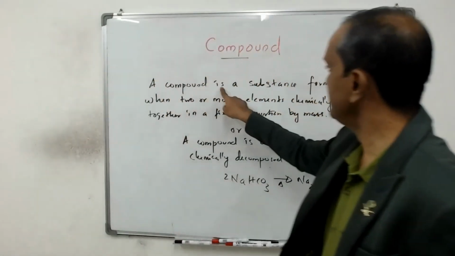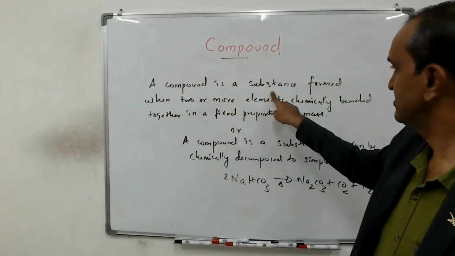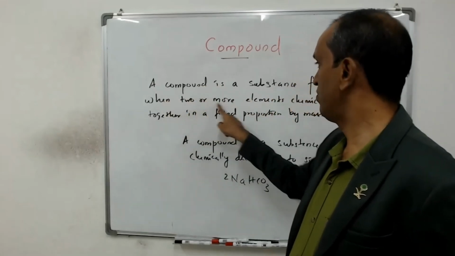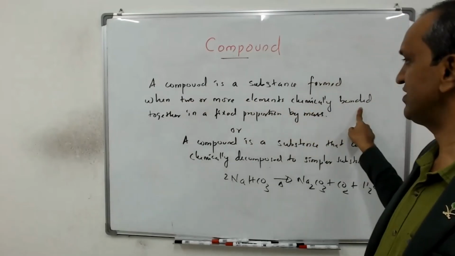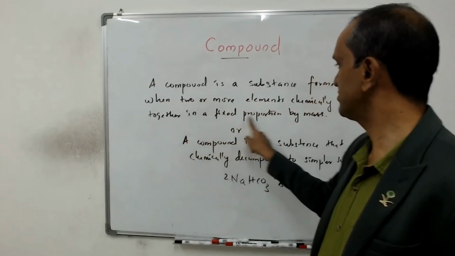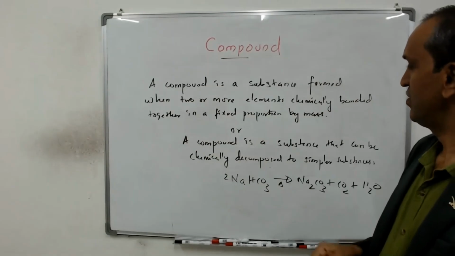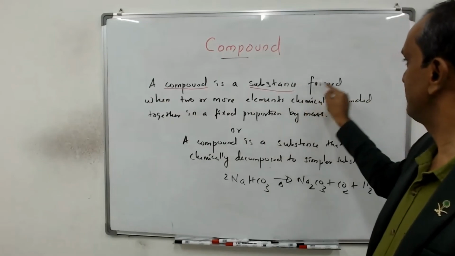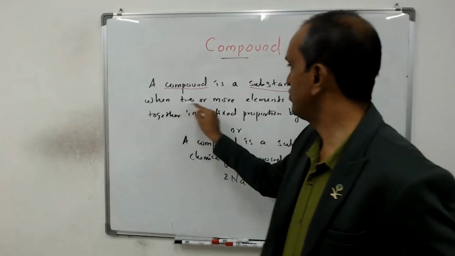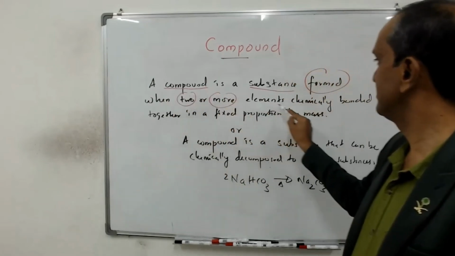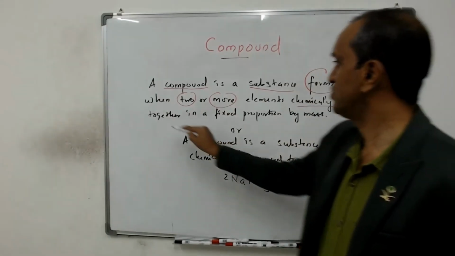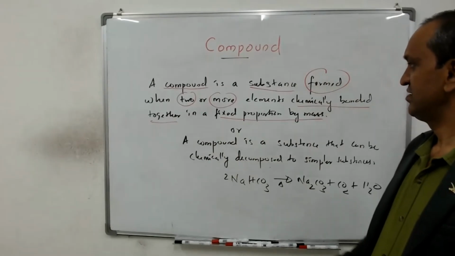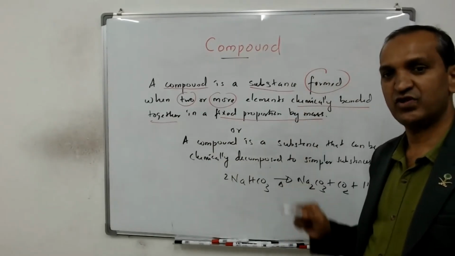A compound is a substance formed when 2 or more elements are chemically bonded together in a fixed proportion by mass. Again, a compound is a substance formed when 2 or more elements are chemically bonded together in a fixed proportion by mass. This was defined by John Dalton.